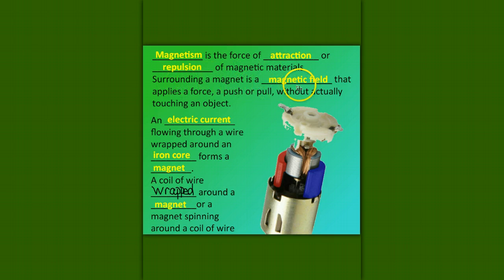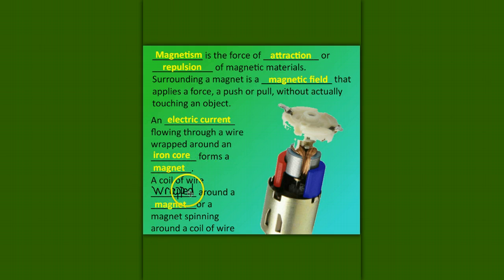Surrounding a magnet is a magnetic field that applies a force, a push, or a pull without actually ever touching an object. An electric current flows through a wire and it's wrapped around an iron core, and that forms a magnet.